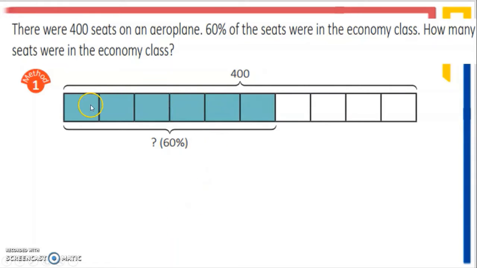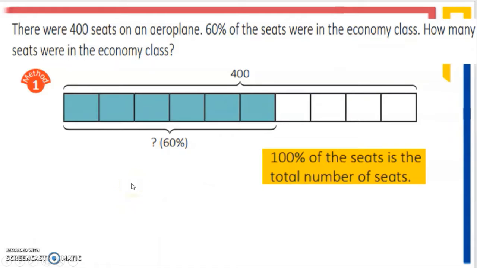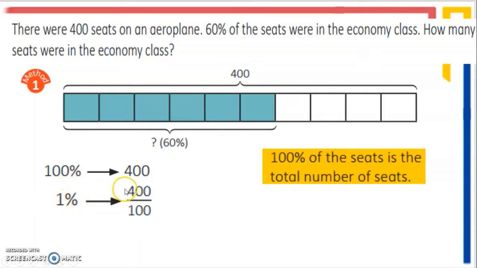So, as we said a while ago, the total of this is 100%. It means 100% is 400. We're going to find how many seats in 1%. It means we're going to divide 400 by 100.